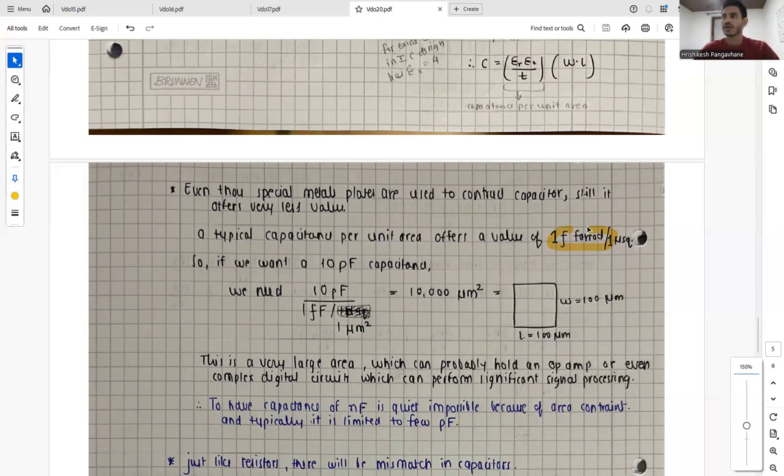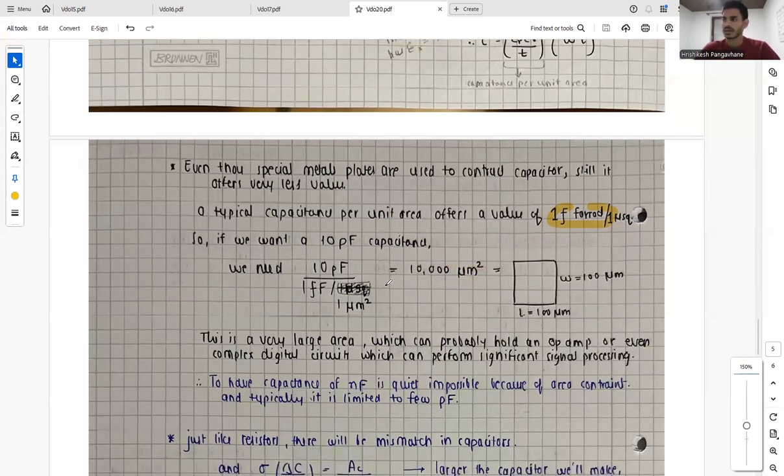And so let's say if we want a capacitance of 10 picofarad, we need 10 picofarad divided by 1 femtofarad per micrometer square, and this comes out to be 10,000 micrometer square. Thus, to make a capacitor of this area, let's take a length of 100 micrometer and a width of 100 micrometer, which gives us a total area of 10,000 micrometer square, giving a capacitance of 10 picofarad.